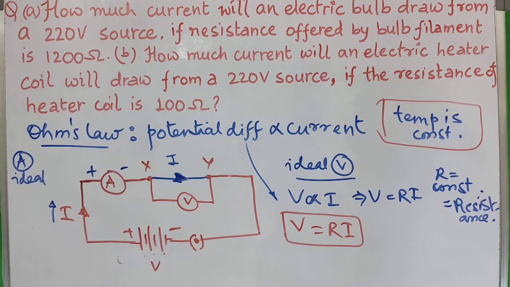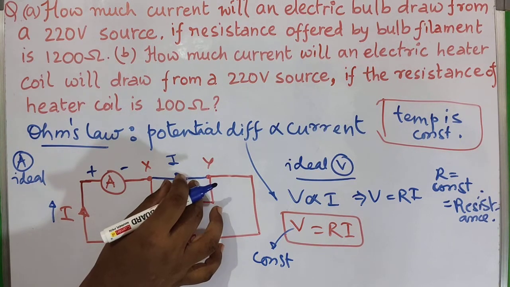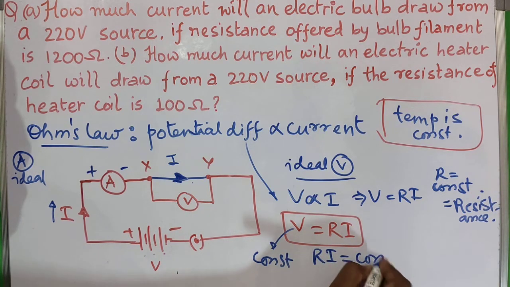Correct? So when I keep my voltage constant and I change my conductor between them, then what would happen? The product of R and I will remain constant.